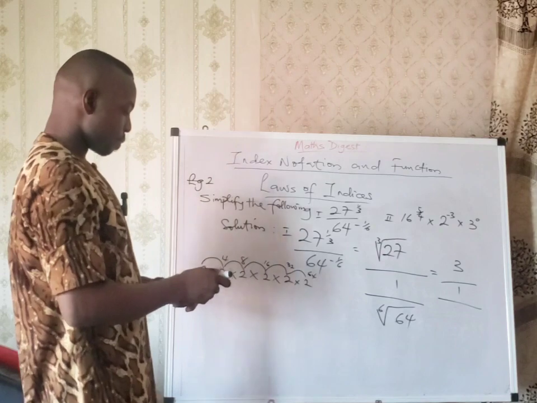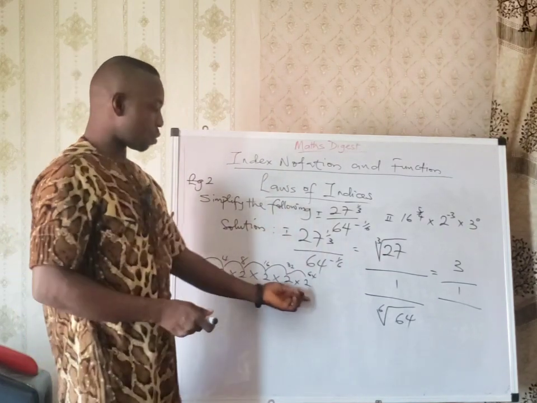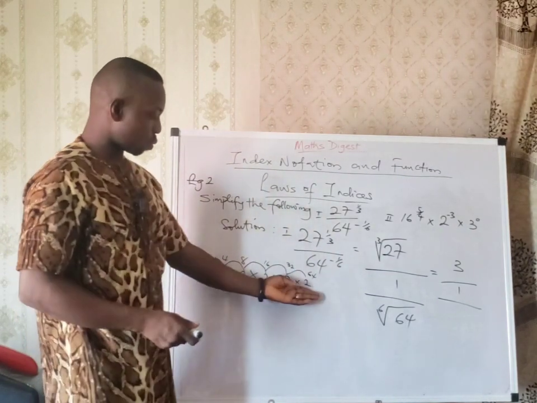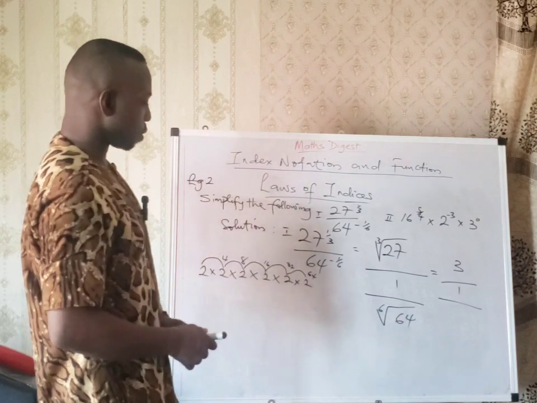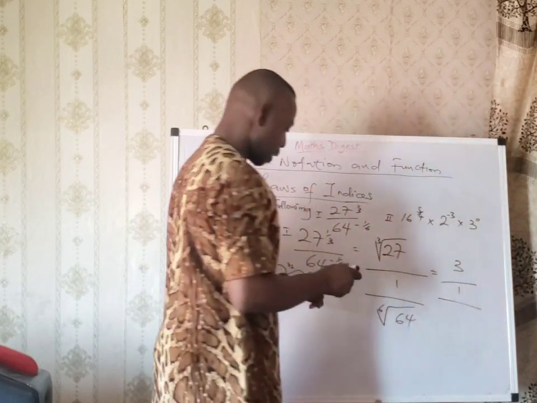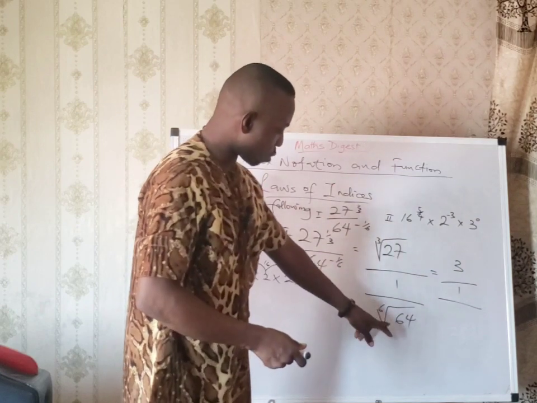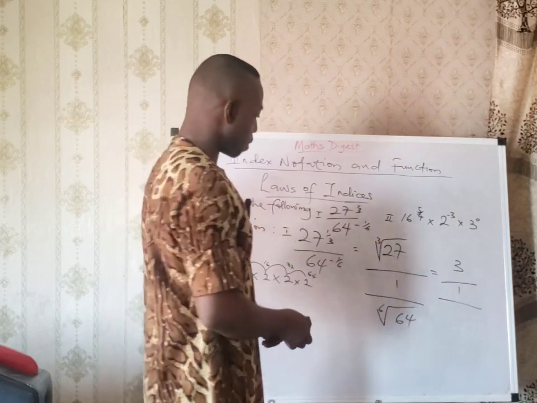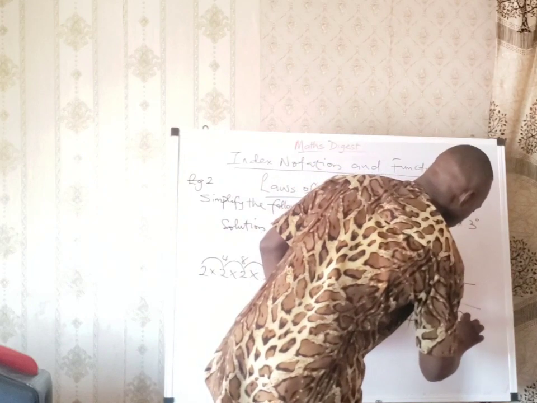You find out that if you distribute 2 into 6 different places, you are going to get 64. So what that simply means is that the 6th root of 64 is 2.